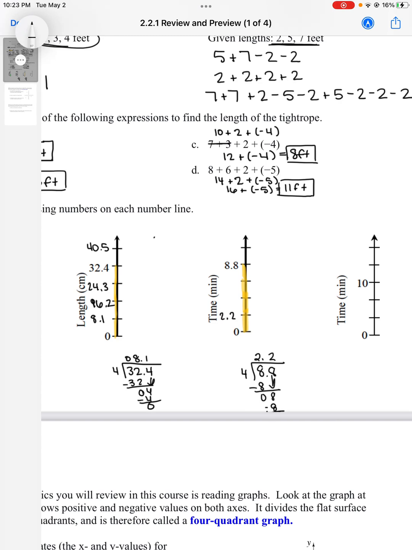So every space is 2 and 2/10. Well, 2 2/10 plus 2 2/10 is 4 4/10. Then 6 6/10, and then 8 8/10. But 8 8/10 plus 2 2/10. 8 plus 2 is 10. 8 plus 2 again is 10, plus 1 is 11. Bring down my decimal. It is 11.